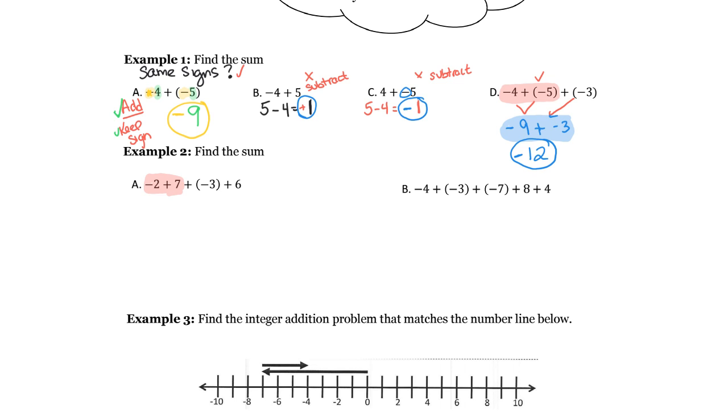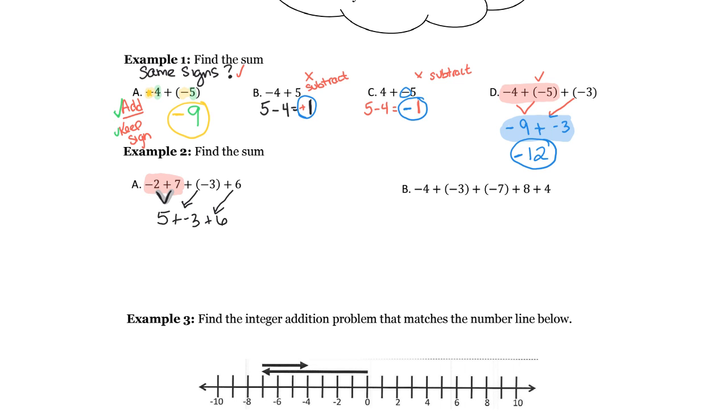Opposite signs tell me I subtract. So what's 7 minus 2? 7 minus 2 is 5. And then we keep the sign of the bigger number. The bigger number is 7, so this leaves a positive 5. And then I'm just going to rewrite the other two numbers exactly how I see them.